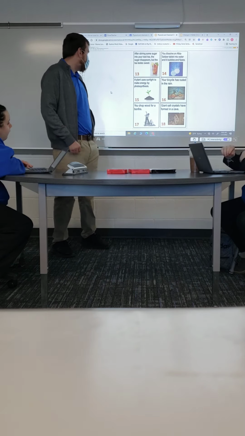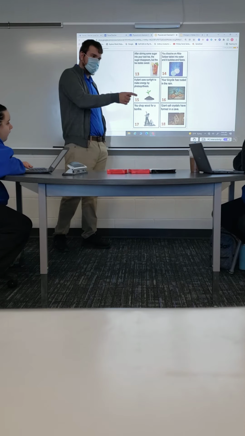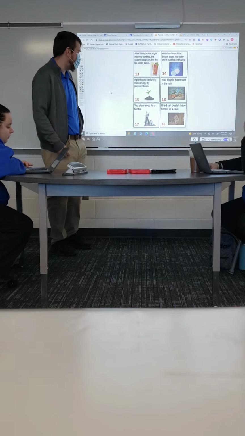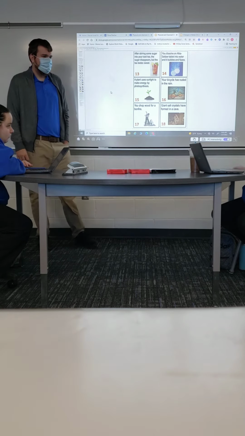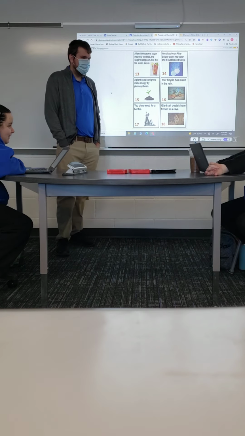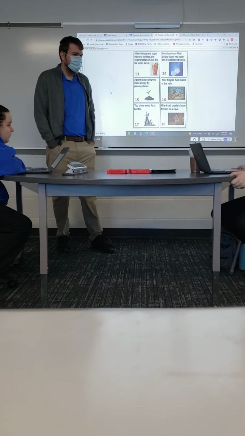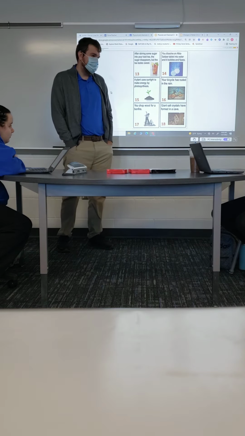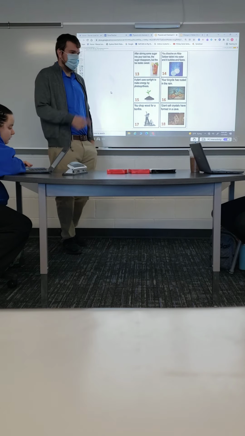15. A plant uses sunlight to make energy by photosynthesis. Give you another chance. Think physical or chemical for a plant using sunlight to make energy. Why do you think it's physical? I don't know, because the plant's growing? Yeah, that's the right piece of evidence, but the wrong answer.